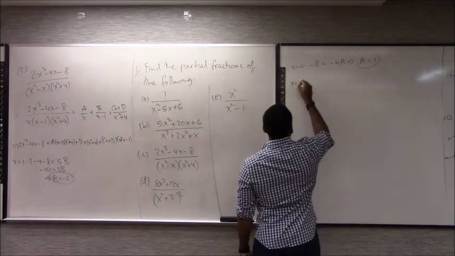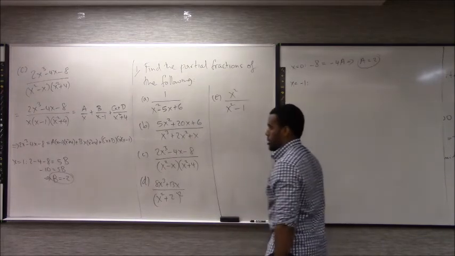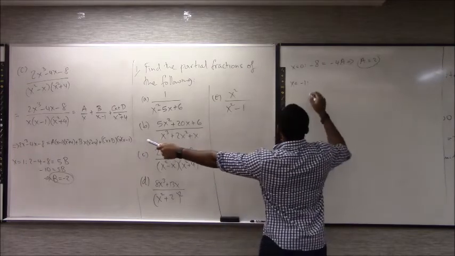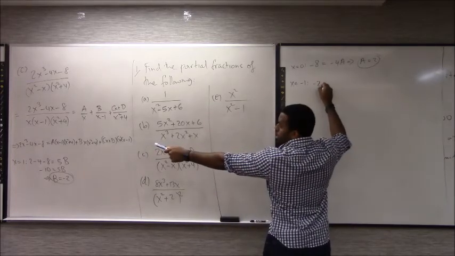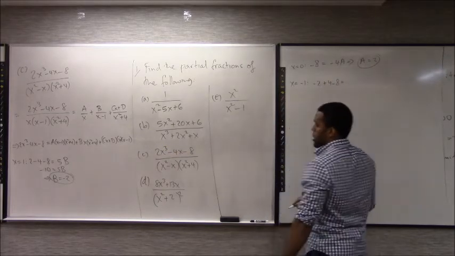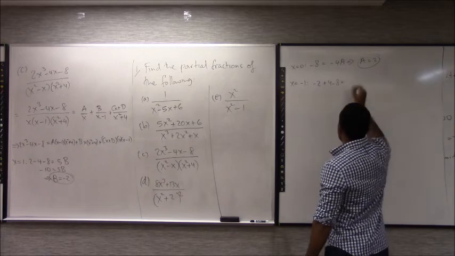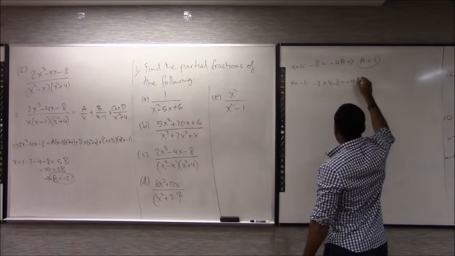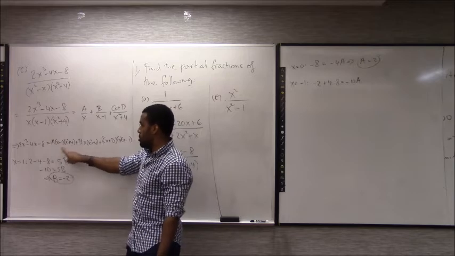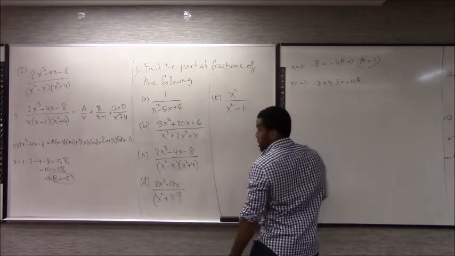So let's keep it small, let's say minus 1. And so what I would have is minus 2 plus 4 minus 8. And if I plug in minus 1 right there, I would have minus 10a. Because that would be minus 1 is minus 2. Minus 1 here would give me 5. That would give me minus 10.